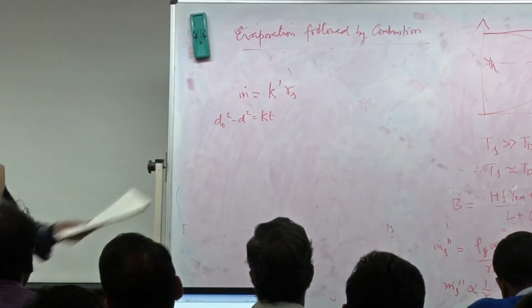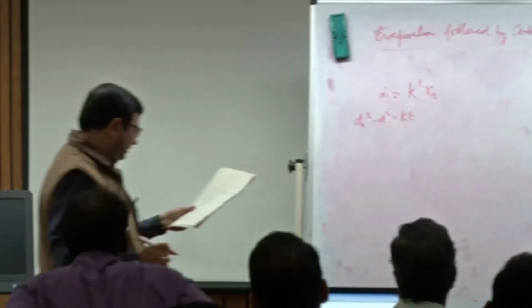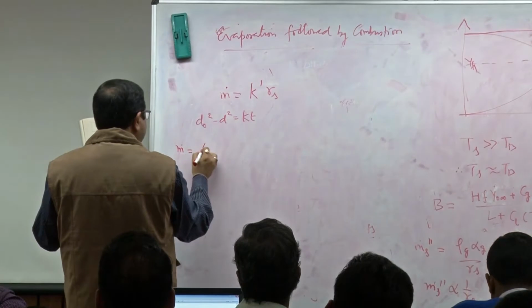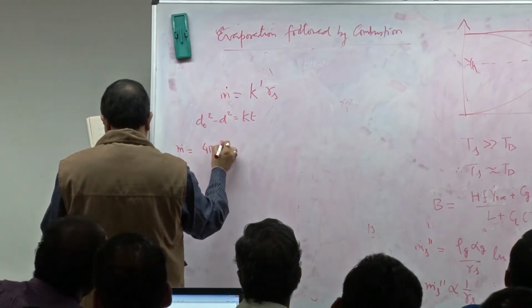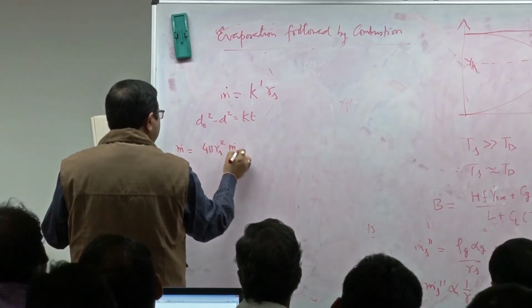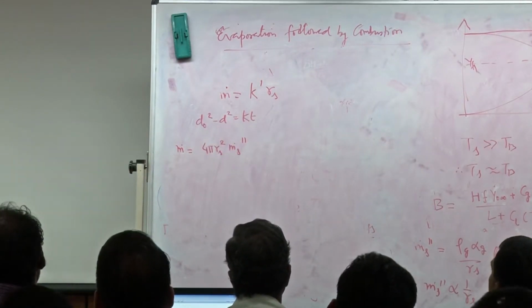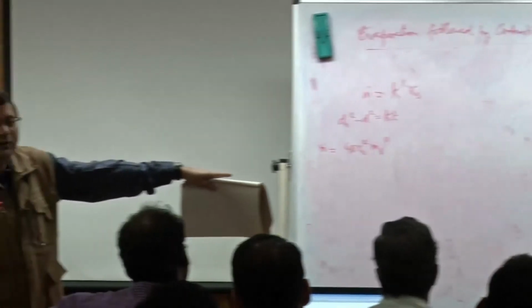These two I discussed at the beginning. Now, let us put them together. We have also shown that m dot is equal to 4 pi r s square times the mass flux. Now, this mass flux let us take from what we have derived there.